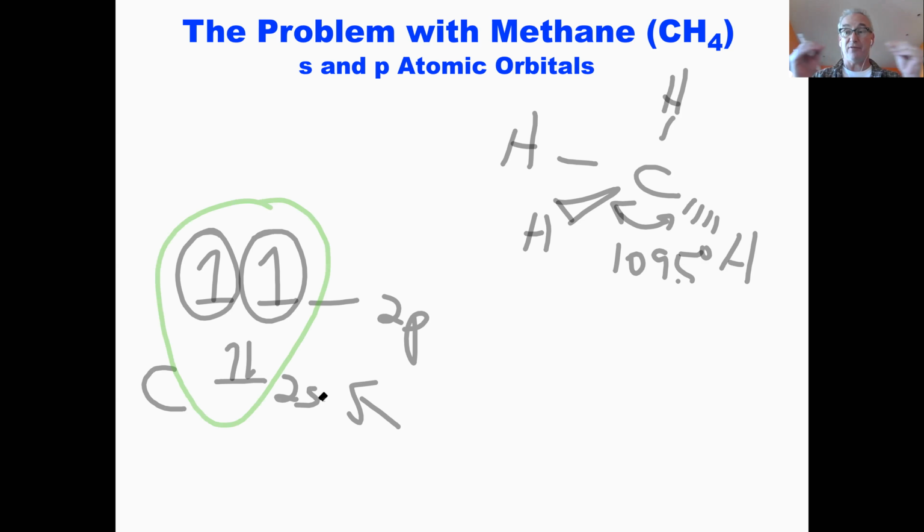You would get an average of some of the characteristics of the s orbital and some of the characteristics of the p orbitals. You'd have 4 orbitals. The number of orbitals would not change, but they would be arranged in a different shape.